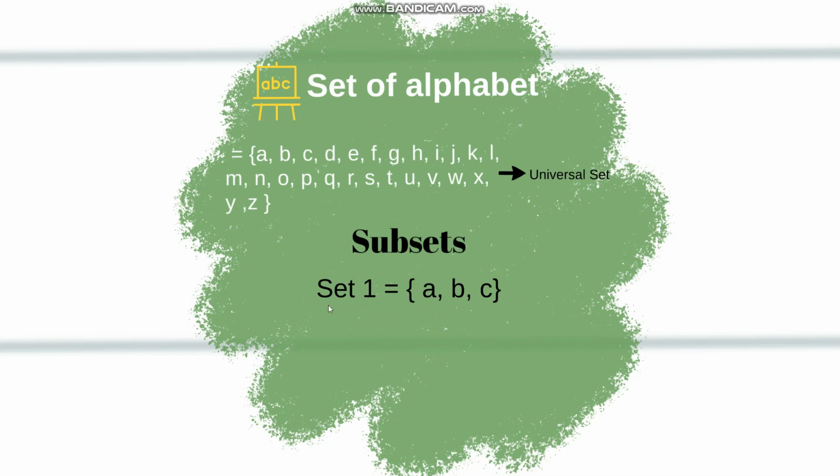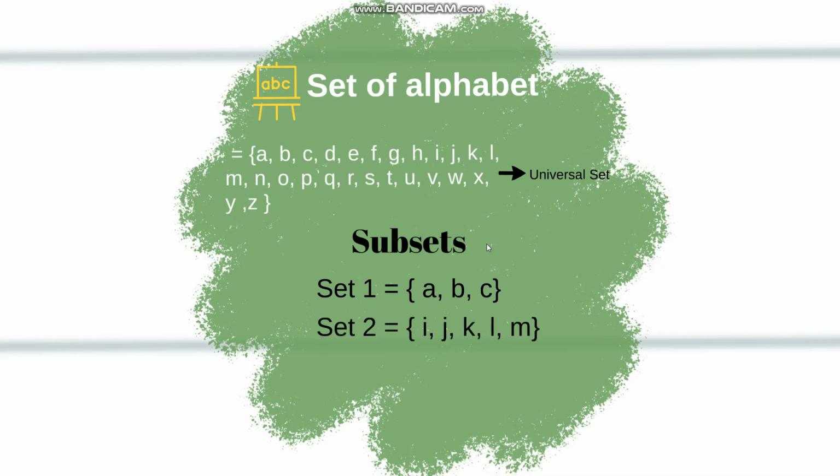Our set number 1, as a subset, is just a part of the set of alphabet. Meaning, set 1's elements are contained in another set, which is the larger group. Take note, the universal set is much larger than the subset because a subset is just a part of a larger group.